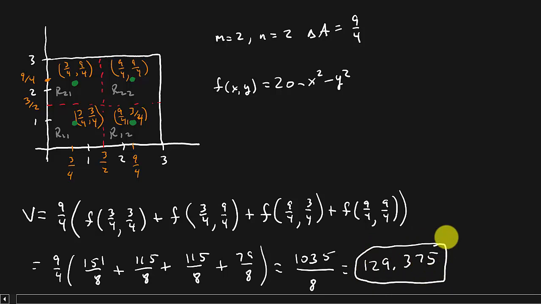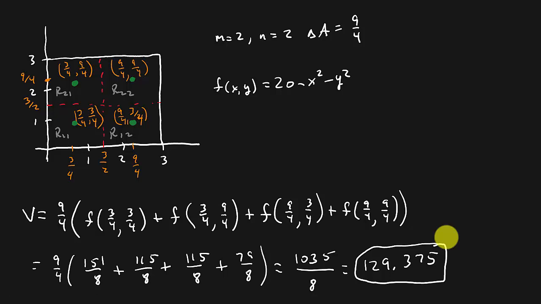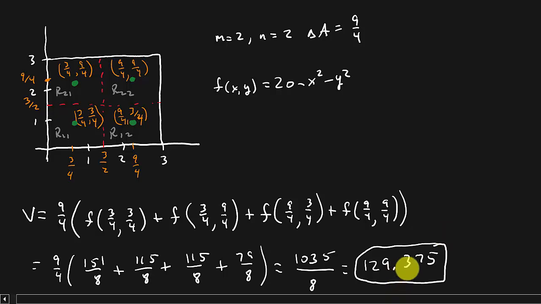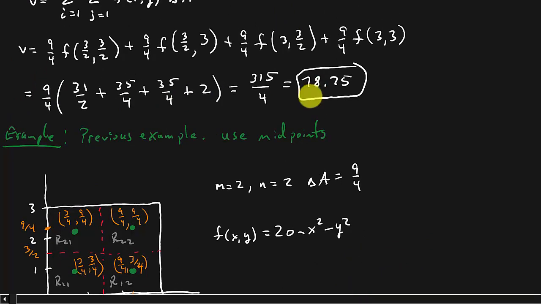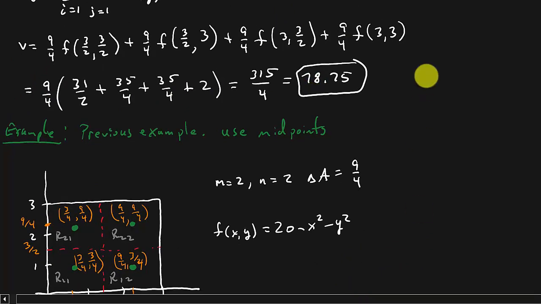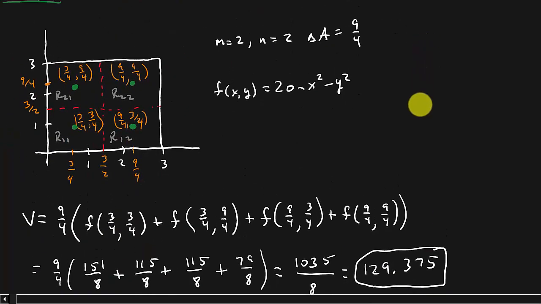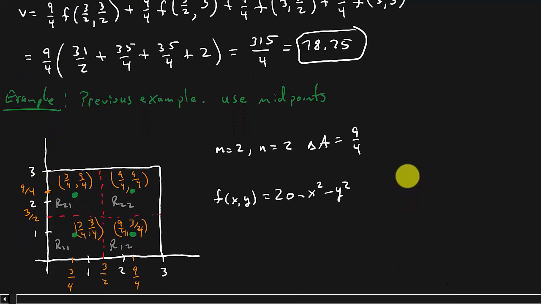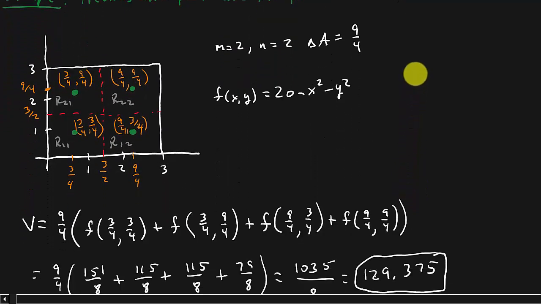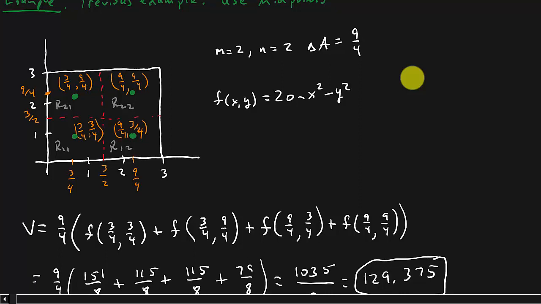And you see how big of a difference this is. Look what we got when we use midpoints: 129.375 versus getting 78.75. We're just about 60 off, or 56, closer to 50 cubic units.